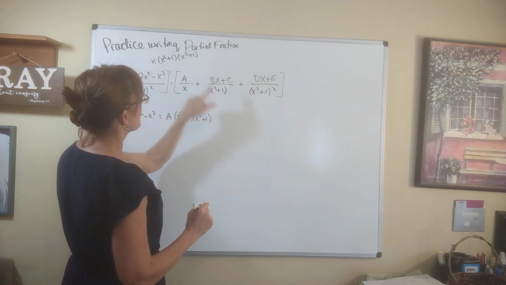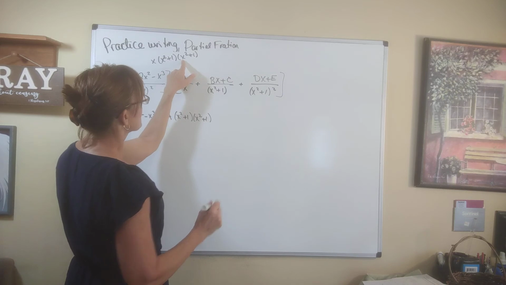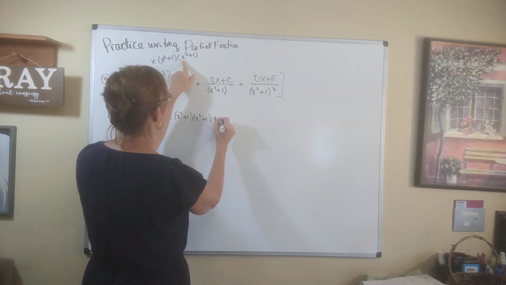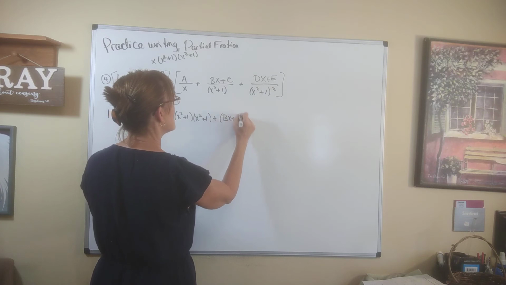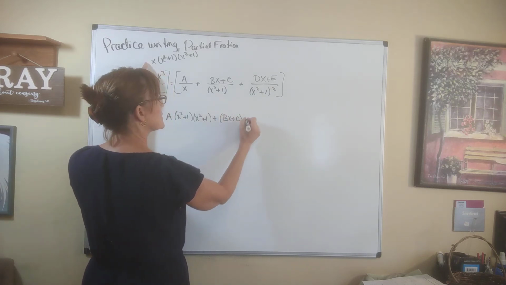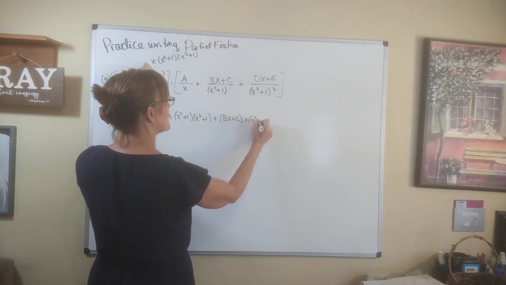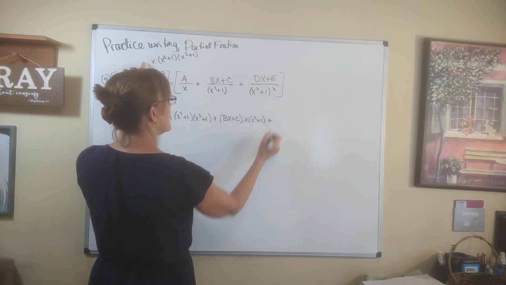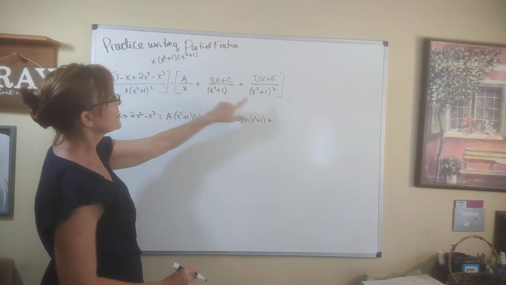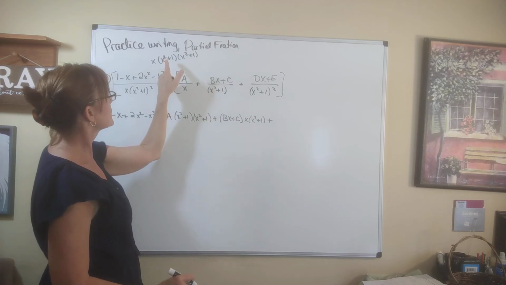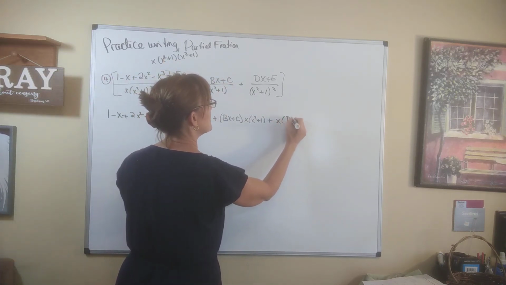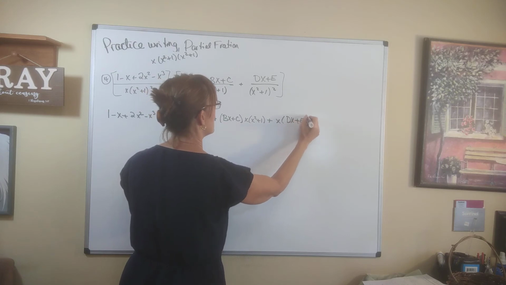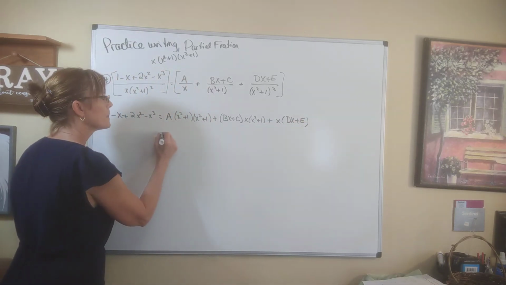When it multiplies here, one of these will cancel, so I'm left with bx plus c times an x times that x squared plus 1. And here, when this multiplies, 2 of these get canceled with 2 of these, and I'm left with an x times dx plus e.